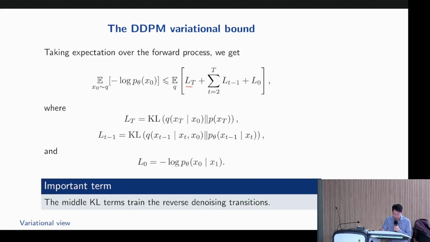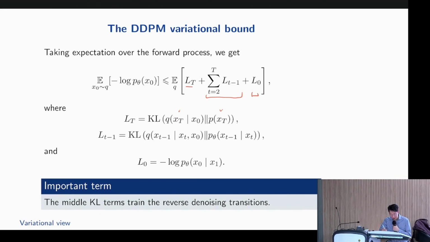First term is KL divergence between Q of xt given x0 and P of xt. But it doesn't really matter because there are no parameters inside. Second term is going to be sum of all the intermediate time steps for the diffusion steps. That actually turns out to be KL divergence between Q of xt minus 1 given xt and x0 and p theta.